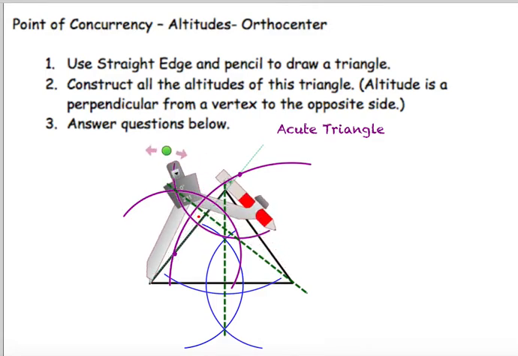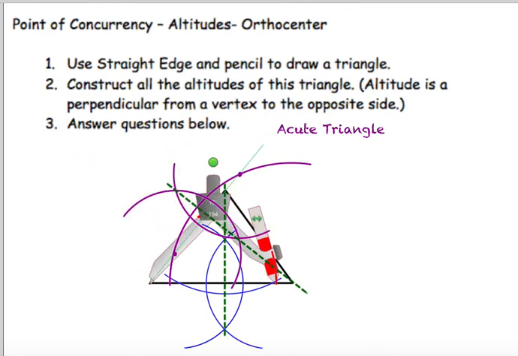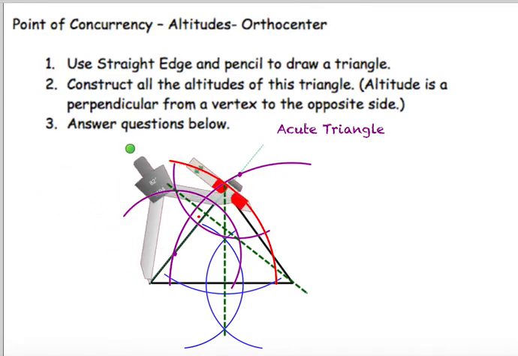Let's see. Looks like I'm going to need to extend this side again. Yep. So I'm going to go with it right where it's at here, and then I'll extend the side.